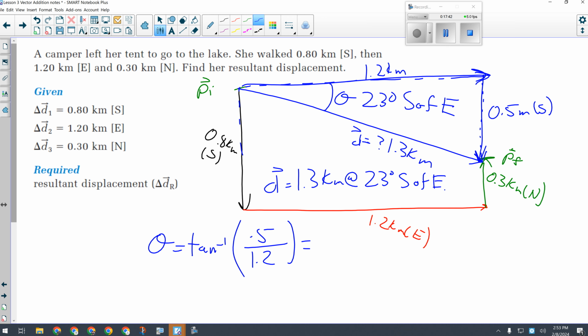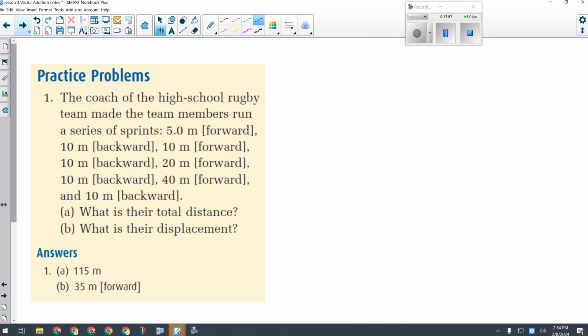In this one, all of your vectors were either north or east, okay, or south. Right? So they were perpendicular. You didn't have any crazy angles. Right? But where we're headed, okay, is doing a question like this. And I think I showed you this before.